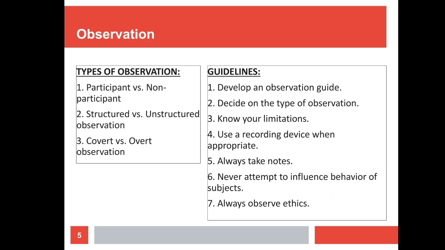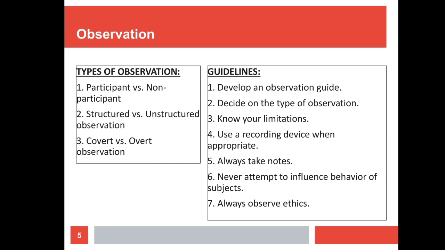Now, covert and overt, sorry. Covert observations occur when the subjects are not aware that they are being observed. So it is also a non-participant type of observation, and with this particular observation type, the subjects don't necessarily know that the observer is there observing them.